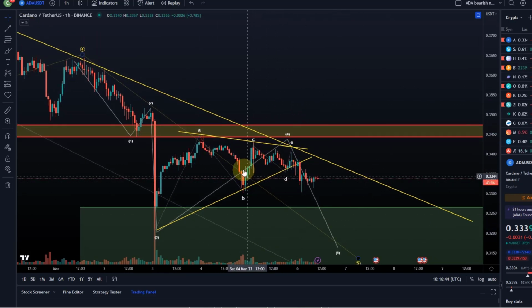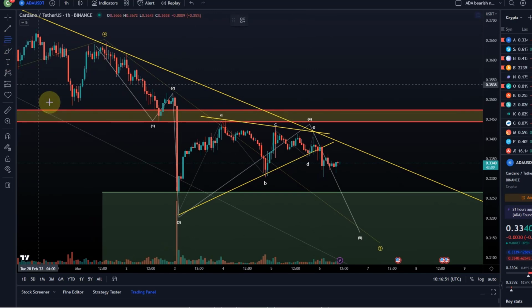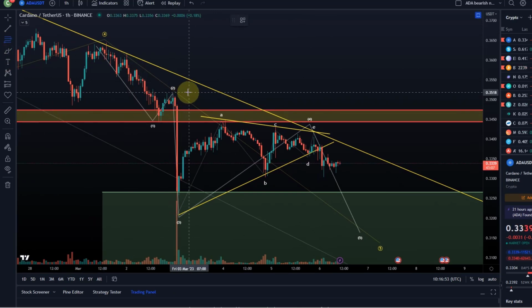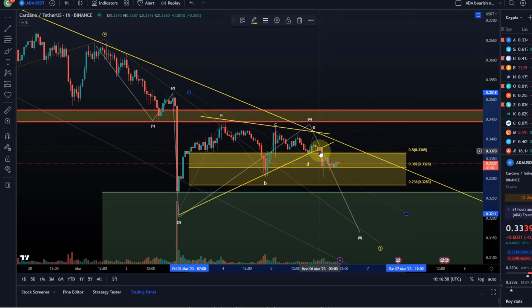In a contracting triangle, it can't. Yeah, but that's sort of where we are. Now I've got an idea because, as I just said to you, in terms of these retracements, counting it that way, the fourth wave did retrace a little bit too much, or the third wave did retrace too much in the fourth wave.